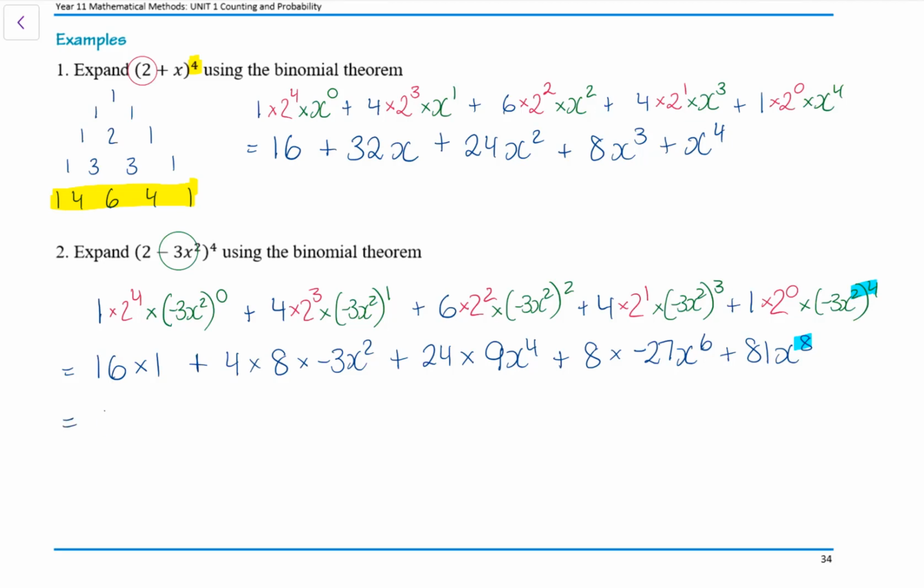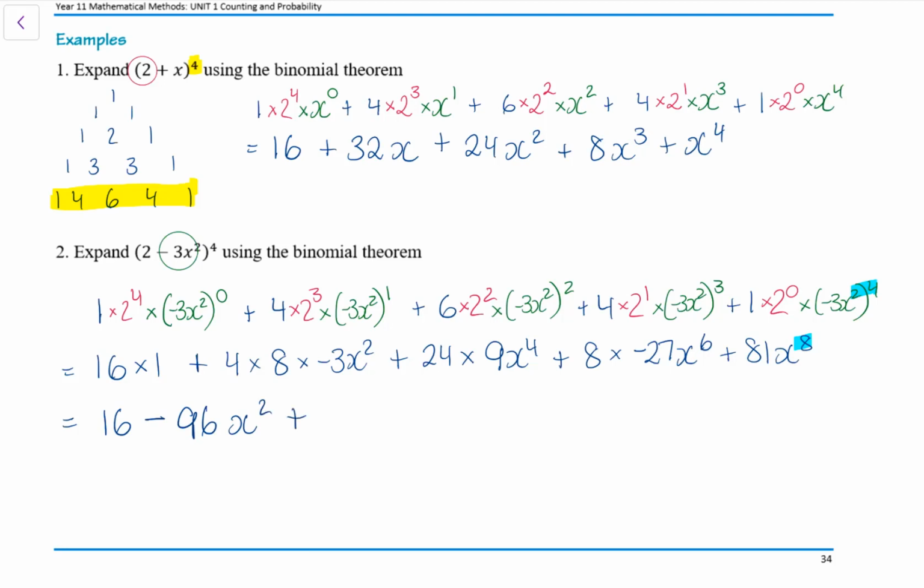So neaten that up, 16 times 1 is 16. We have 4 times 8 times negative 3. So this is going to be a minus here. So you got 4 times 8 times 3 is 96x squared.